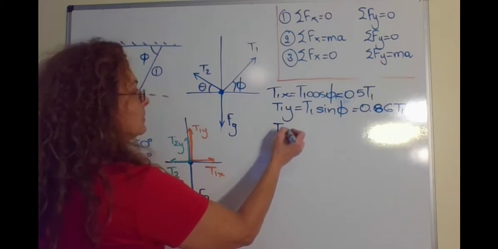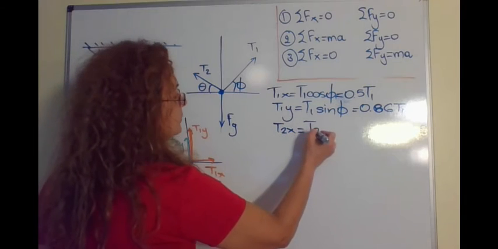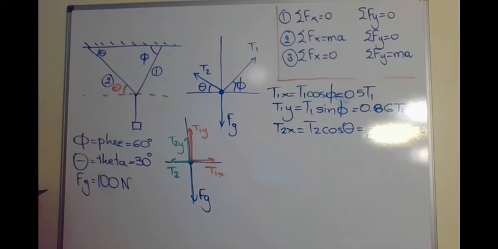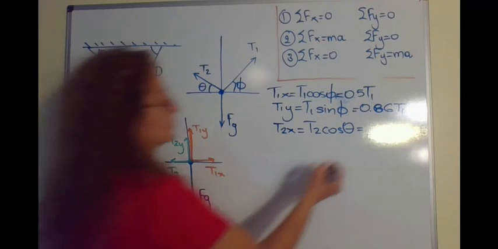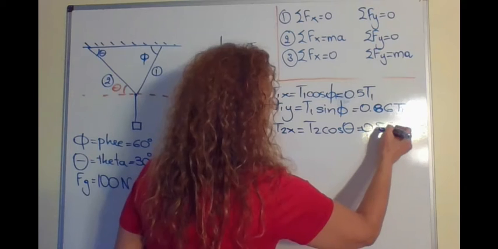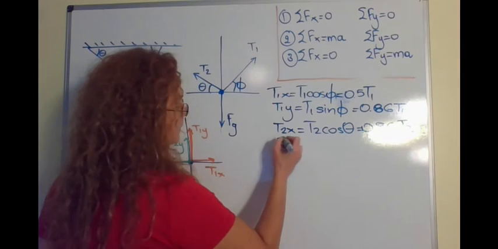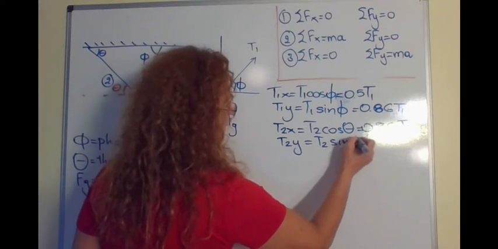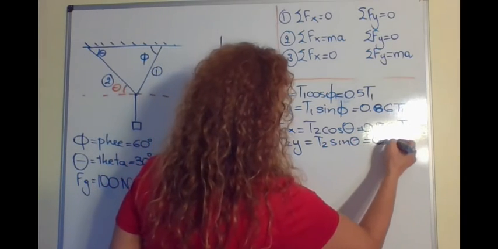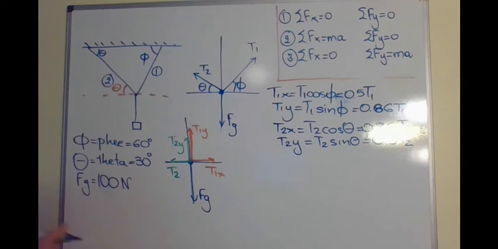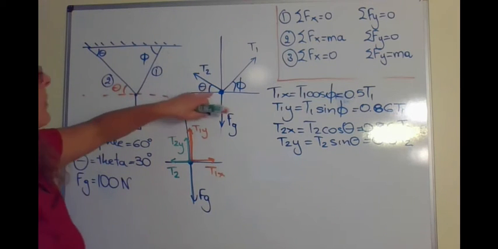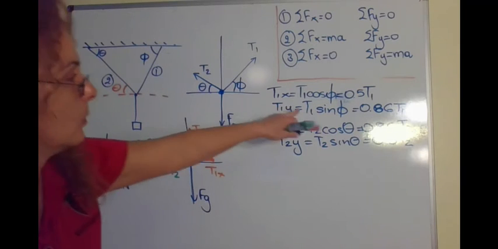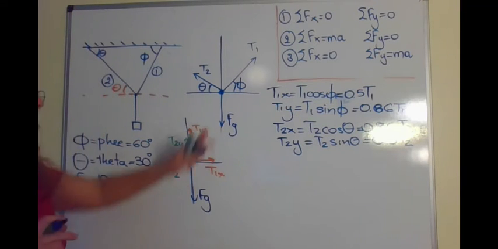Tension 2x will be T2 cosine of theta. Theta is 30, so this will be 0.866 T2. And of course T2y will be T2 sine theta, which equals half T2. So we do the free body diagram. When there are forces not on the axis, we resolve them, and now we move to the next step.